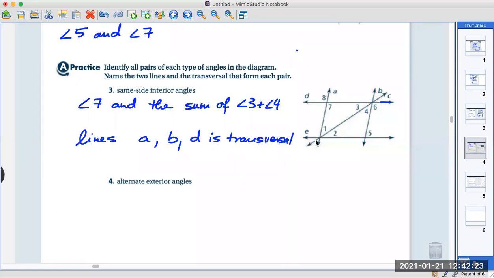So how about if I use A and B again? And still do that, that would be angle 8 and angle 6. Yep, these two. So you have A and B again, and here's my transversal, and these are alternate exterior.